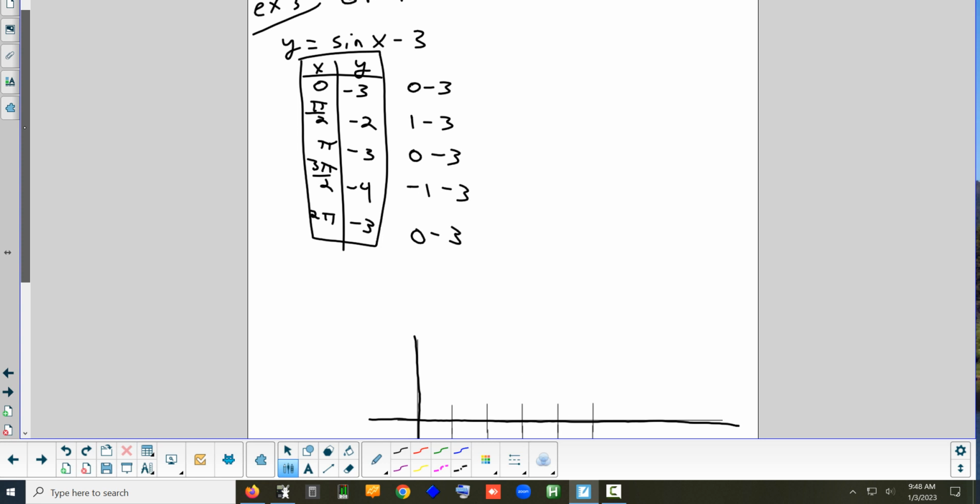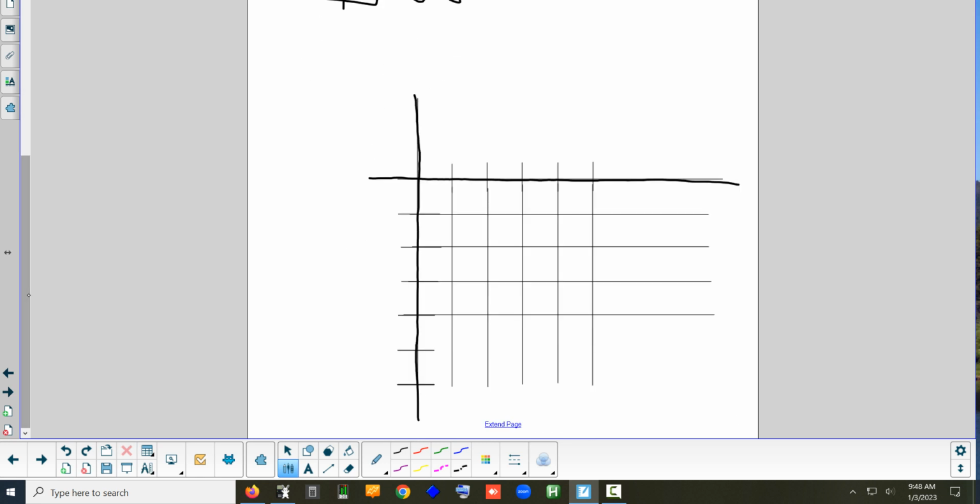Also, we need to go down to negative 4. I got plenty of space, so I'm going to go. And my x-axis labels, I'll put them up here. Doesn't matter where you put them, just try to put them somewhere that they're out of the way.